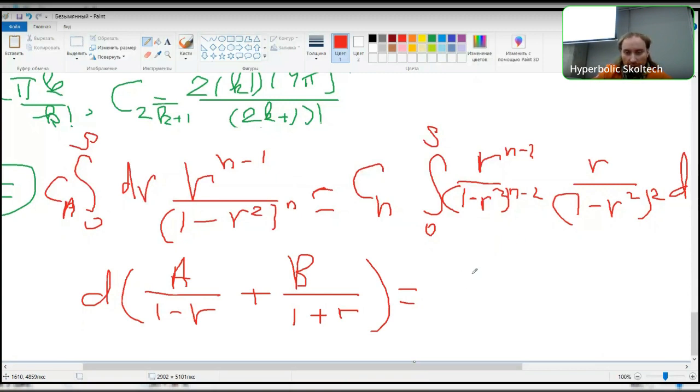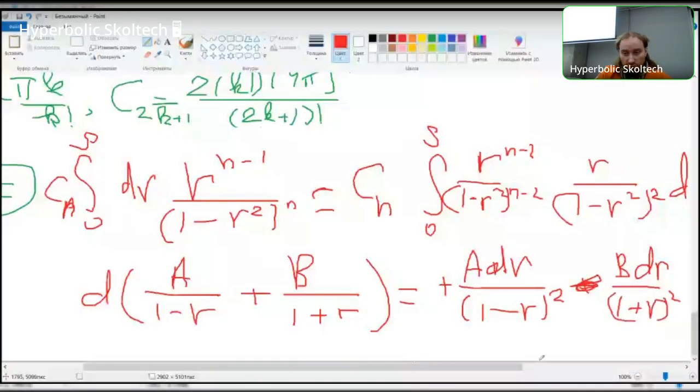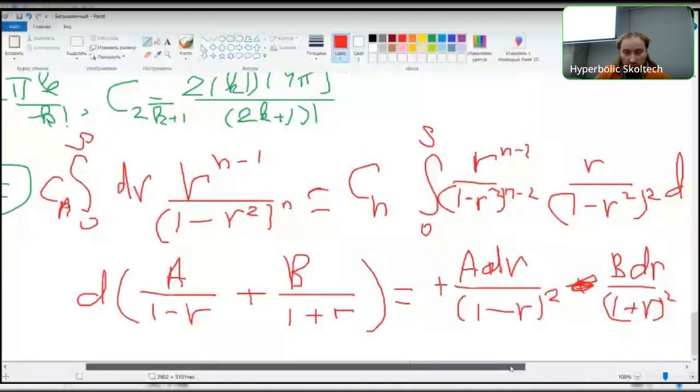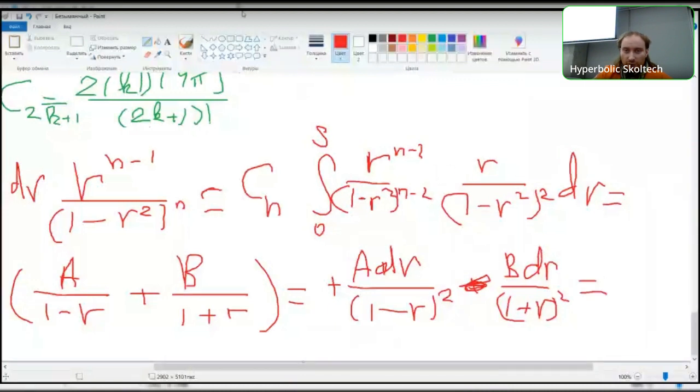So this is a dr divided by 1 minus r squared plus b dr divided, no, sorry. This is with plus, this is with minus. 1 plus r squared, yes, and I want this to be equal to this thing.